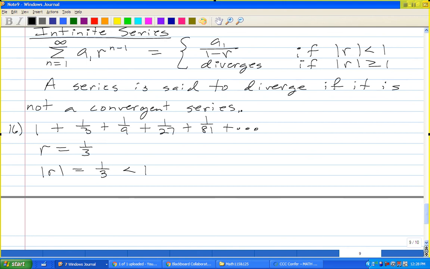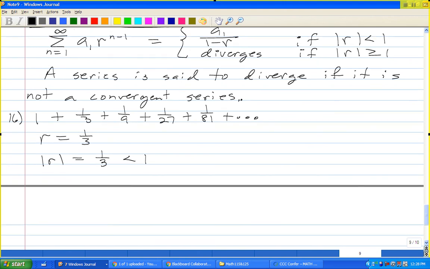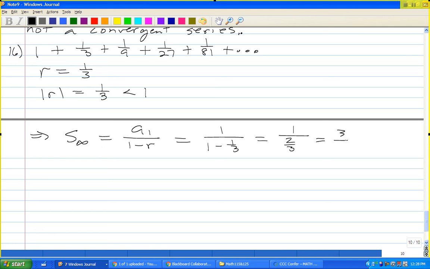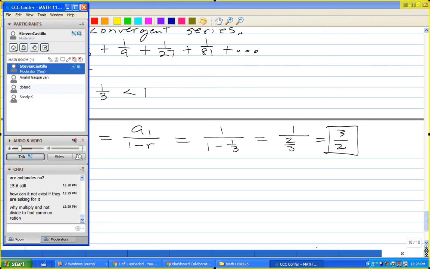Therefore, I can find the value of the infinite series. The sum of this infinite series is just equal to a1 over 1 minus r. a1 is 1, r is 1/3. 1 minus 1/3 is 2/3. The reciprocal of 2/3 is 3/2. So if you keep adding all these infinite terms, they add up to 3/2.